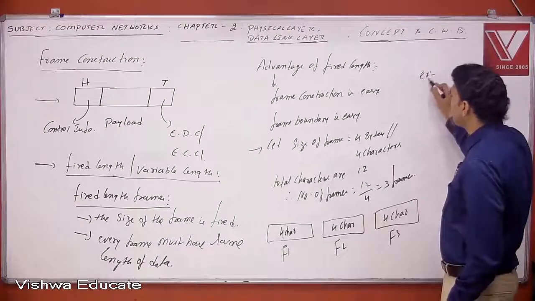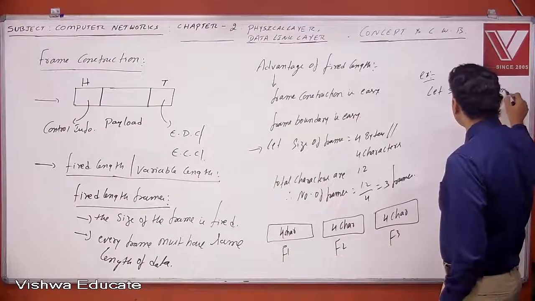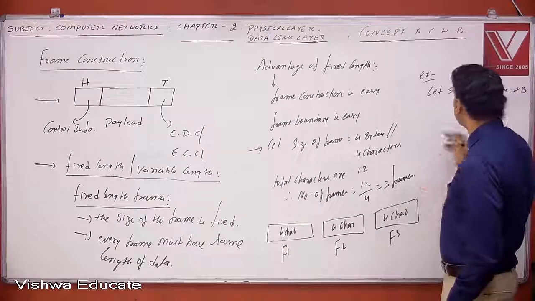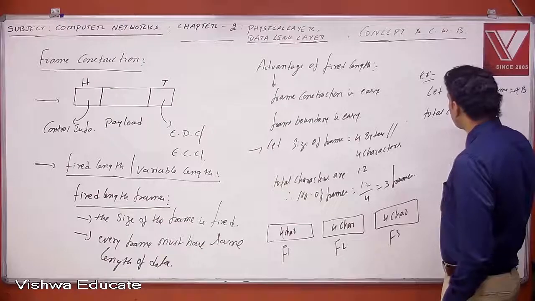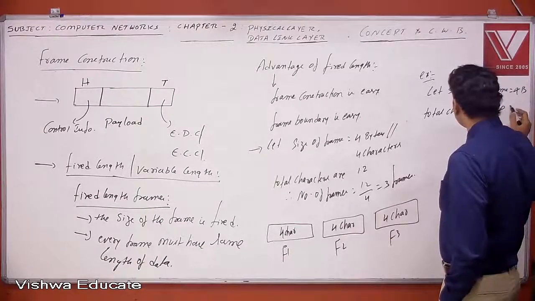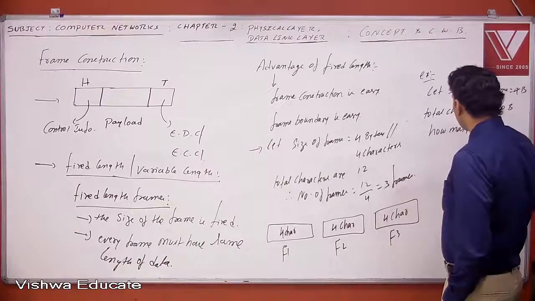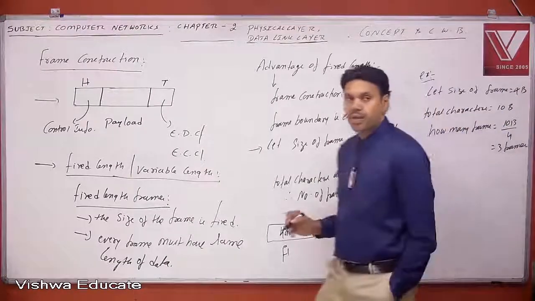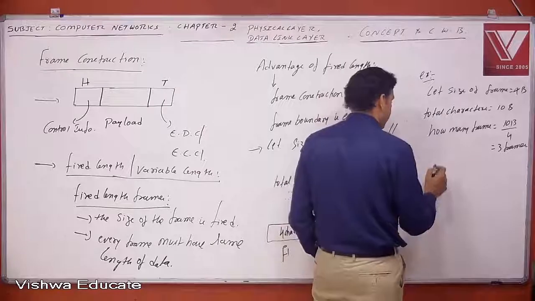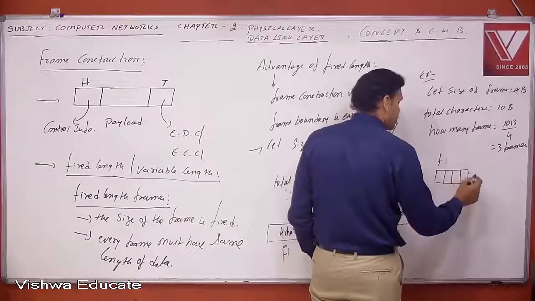If, for example, the size of a frame is 4 bytes and total characters equal 10, how many frames do you need? 10 bytes by 4, that is once again 3 frames. Now observe carefully. Frame 1 consists of 4 characters.